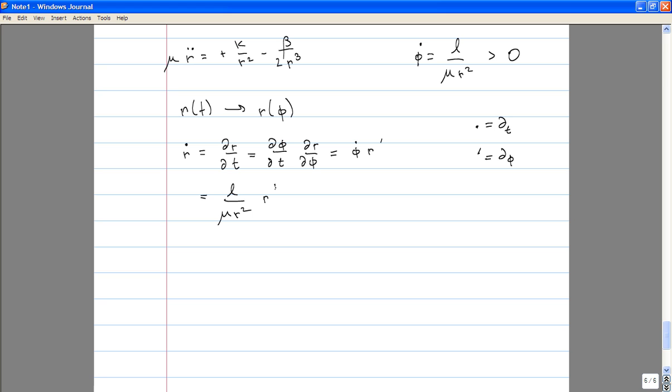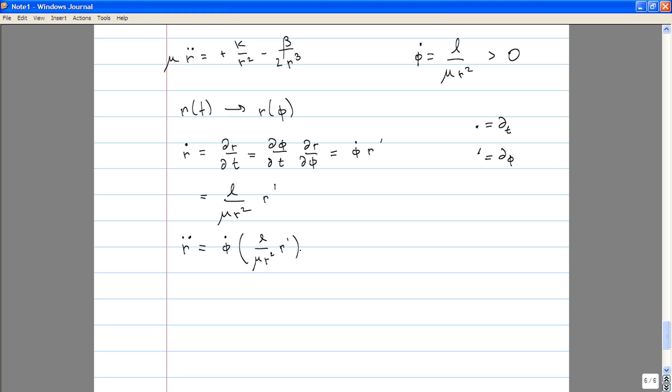So if I wanted to go ahead and compute r double dot, then I need to take the time derivative of this guy again. So that's phi dot times the phi derivative of r prime, that is, phi dot times r prime prime.